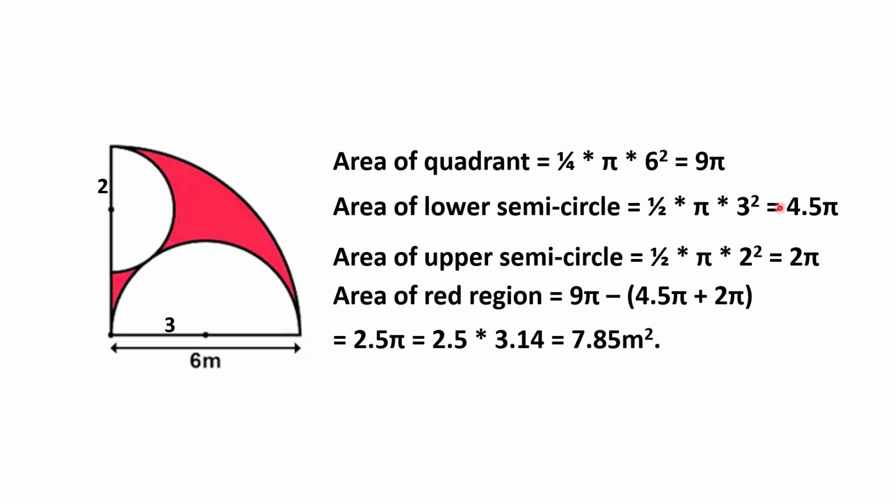We get 9 pi, 4.5 pi, 2 pi. From the quadrant area, we subtract these two areas and we get 2.5 pi, which you can keep as 2.5 pi or multiply by the value of pi to get an approximate value of 7.85 square meters. That is the area of the red region.